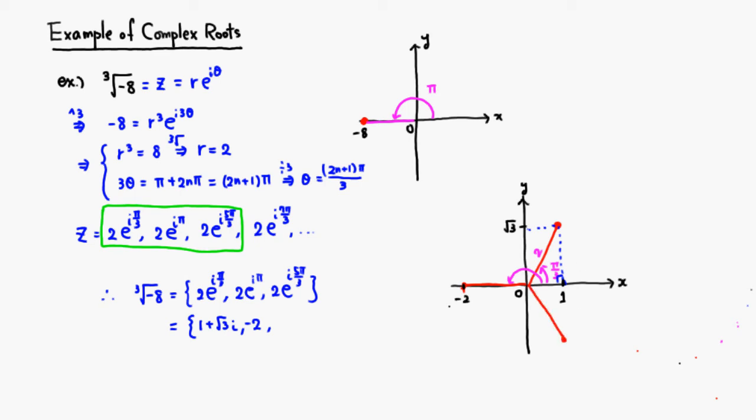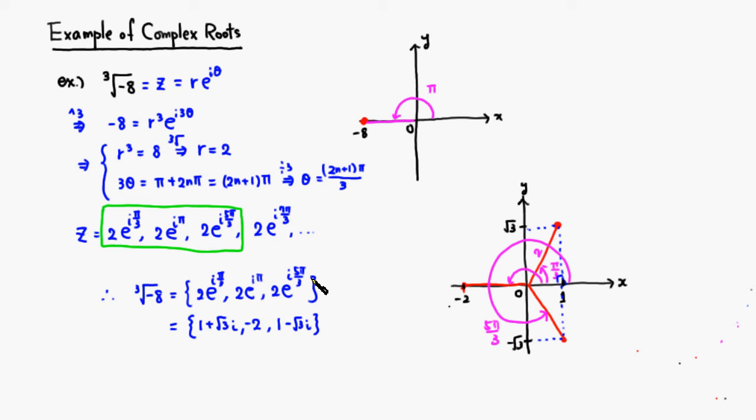I'm going around this way, pi over 3 before the whole 2 pi. So the real part is still 1, but the imaginary part is negative square root of 3. So this is 1 minus square root of 3 i. Those are the 3 values of the cube root of negative 8.